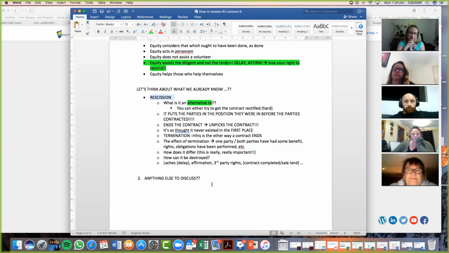Often what will happen is, you'll just get a whole stack of orders that are made in terms of the rescission. There is a really good case that explains the whole remedy of rescission, called Alati and Kruger, and it's in your case book, and it's in the week 4 readings on misrepresentation. And it's a cracker of a case because it really helps you to get a handle on the very powerful nature of rescission.